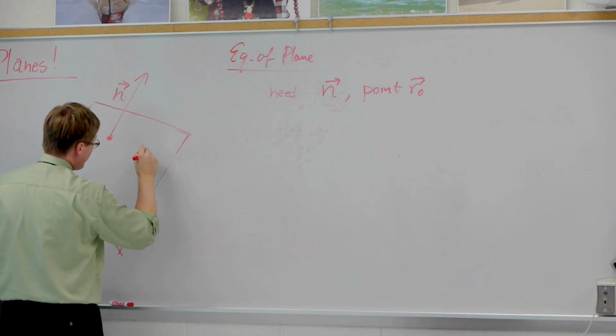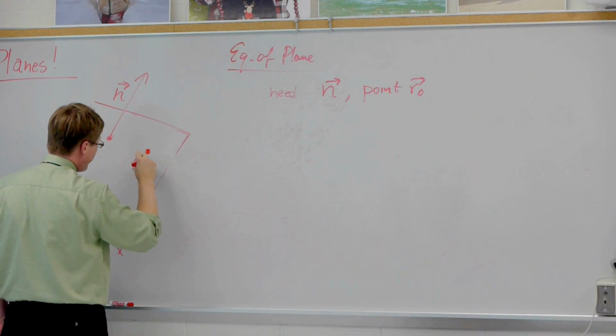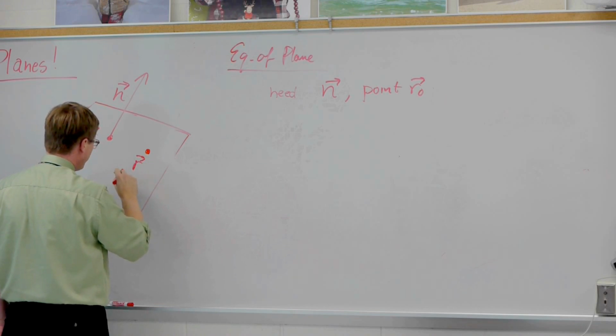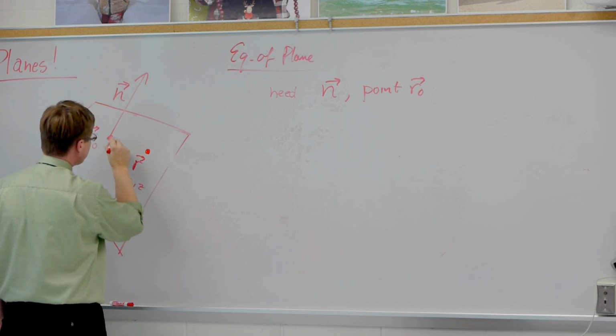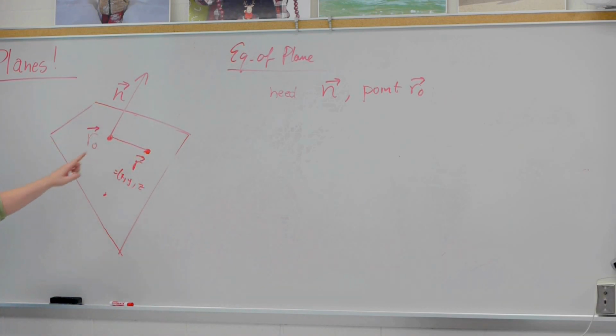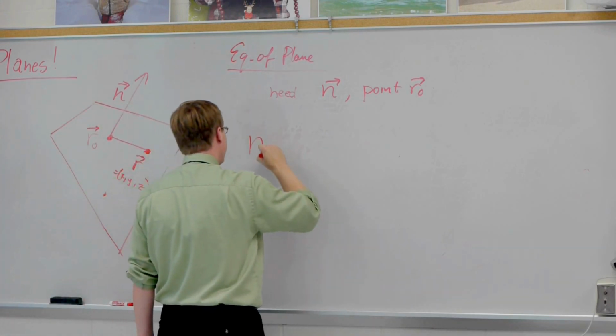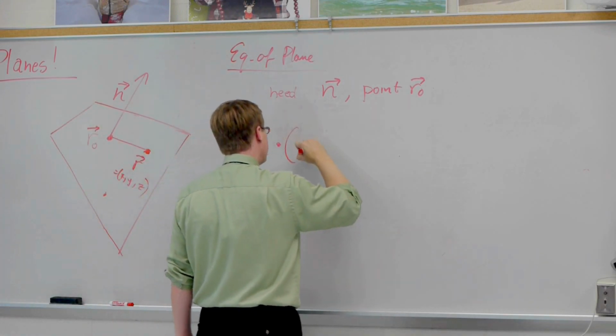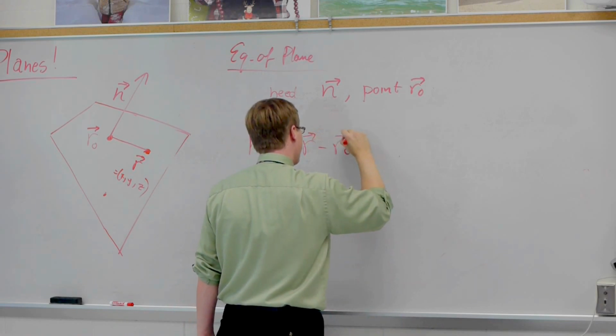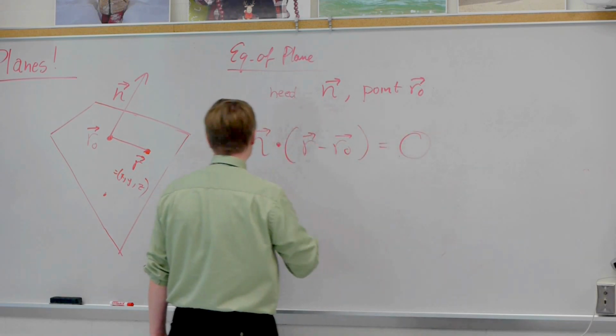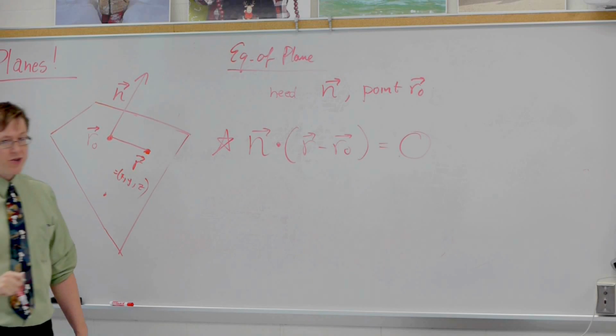So here's how I can get the equation of a plane. Let's say there's some point R, which is x, y, z. An arbitrary point R on the plane has to satisfy that property that it's perpendicular to n. So n dot (r minus r0) is 0. That's the equation.